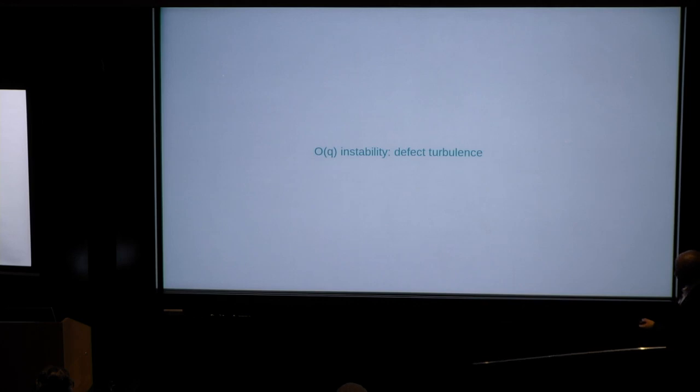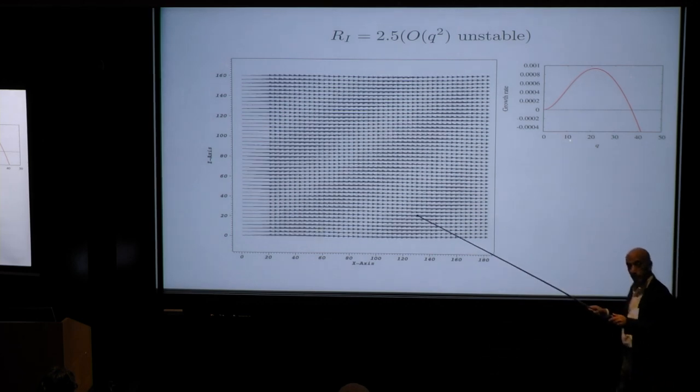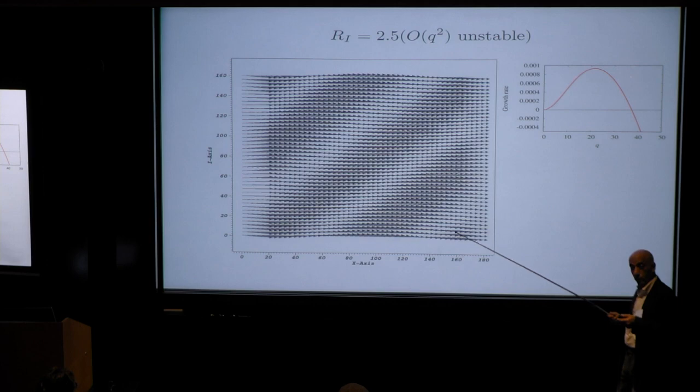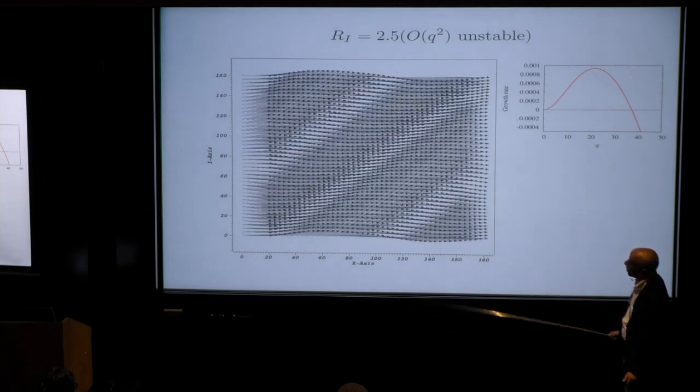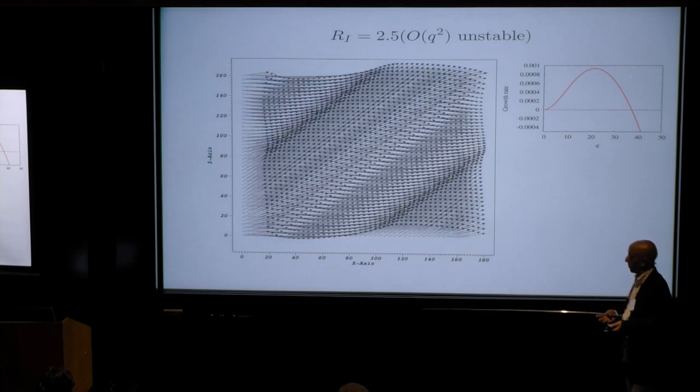If, on the other hand, you sit in the region where the uniform state in the linear theory was unstable but with a growth rate of order wave number squared, what you get is it sort of makes its own noise but doesn't destroy itself.